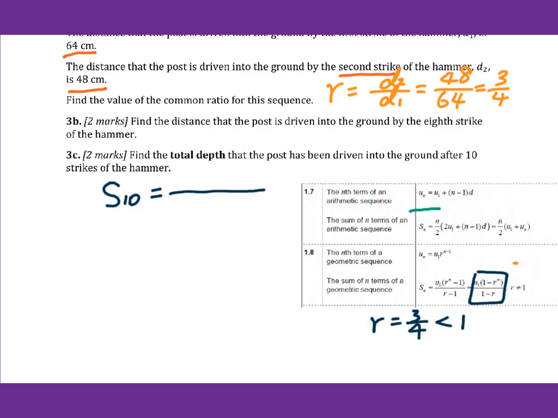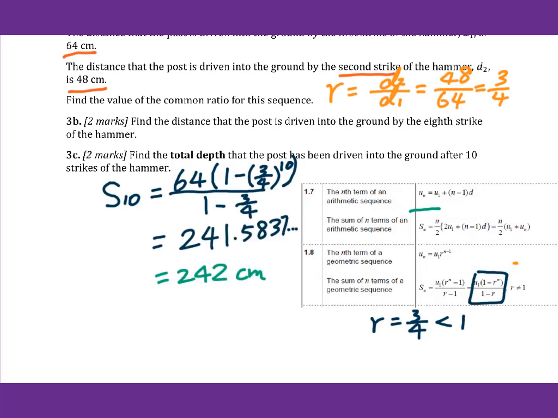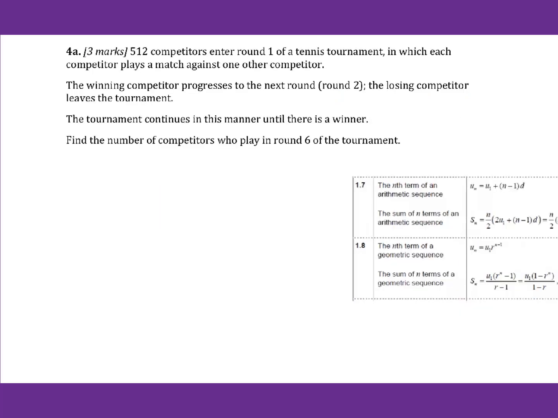It will be 64 times 1 minus 3 over 4 to the 10th power, over 1 minus 3 over 4, equals. The answer will be 242 centimeters.